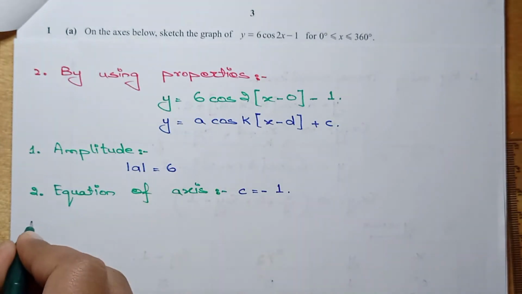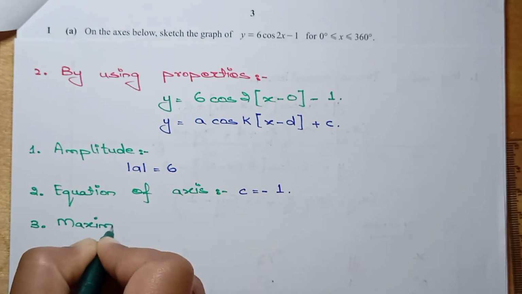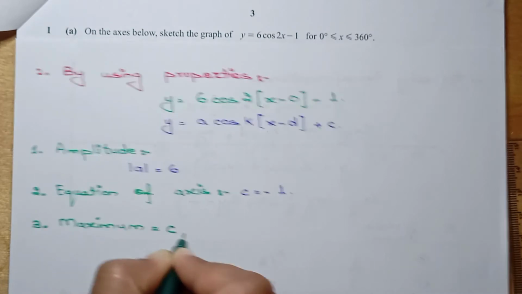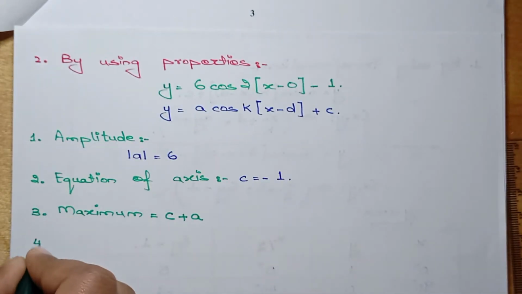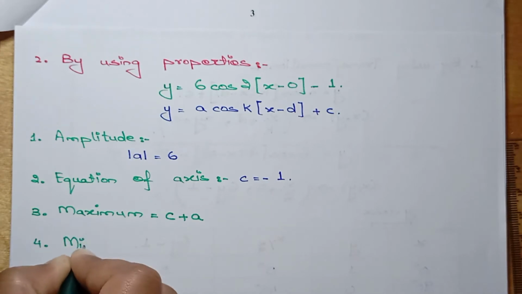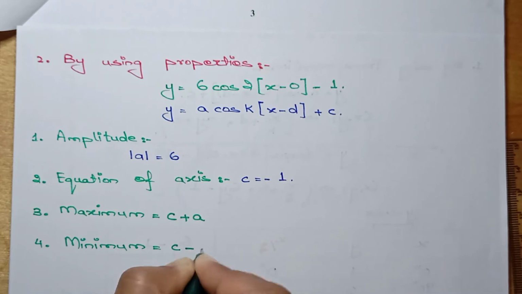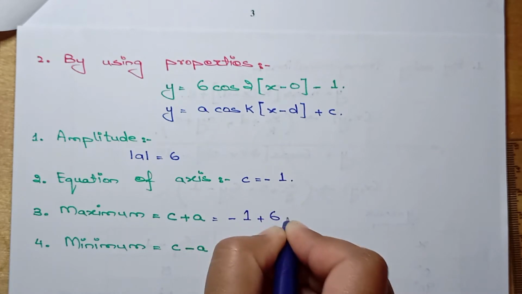Now we have the amplitude, we have the equation of the axis. We can find the maximum point of this curve and the minimum point of this curve. So the maximum is equal to the equation of the axis plus amplitude, right? And the minimum point we will get by using the formula equation of the axis minus amplitude, right? Okay, so equation of the axis is -1 plus amplitude 6, that is 5.